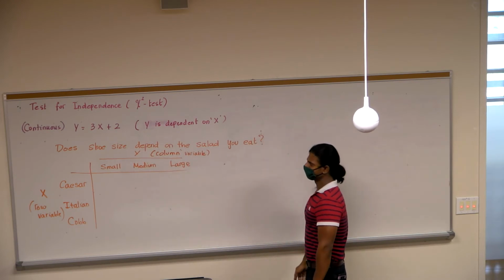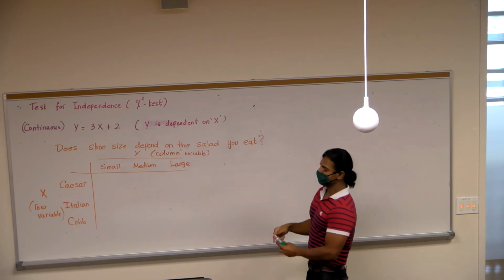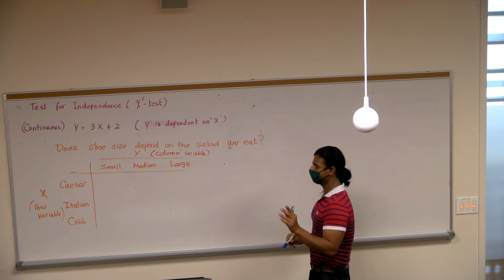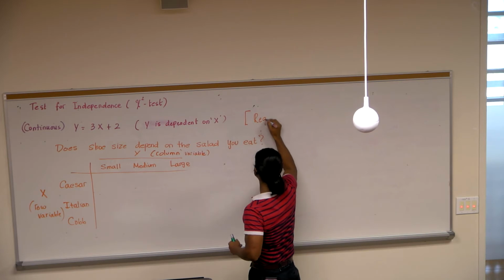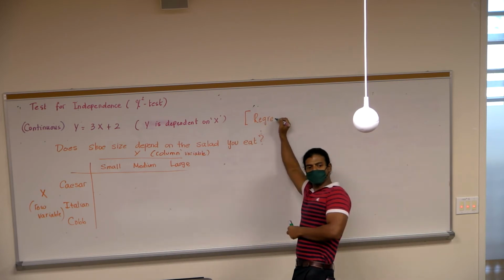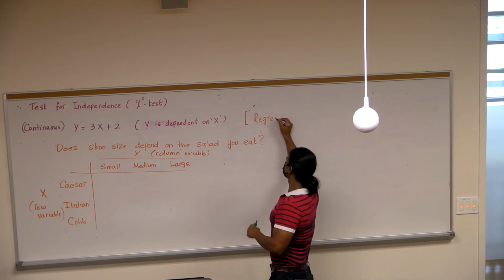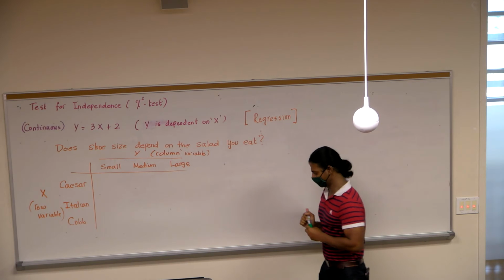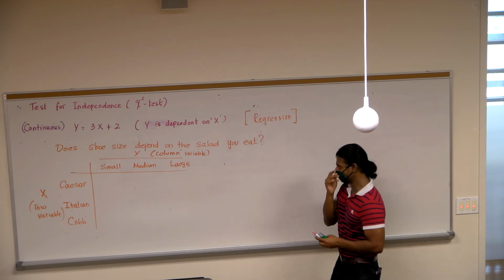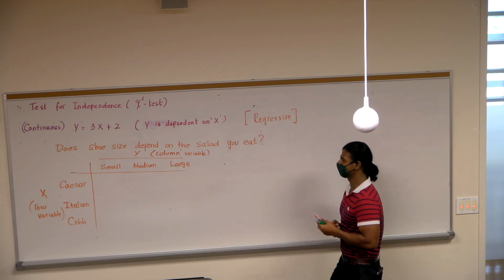answer that question. The y equals 3x plus 2, if you remember 2023, this is a regression problem. Do we remember linear regression? Line of best fit. That is pure math. Well, this is based on math too, but we have to do it in a different way.